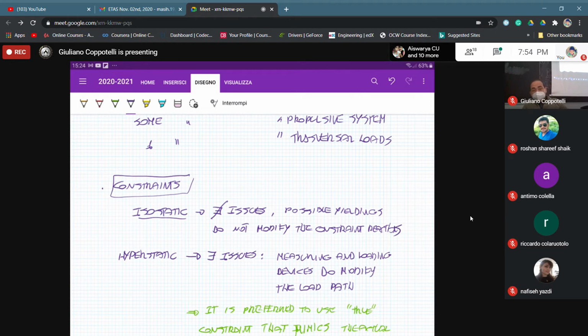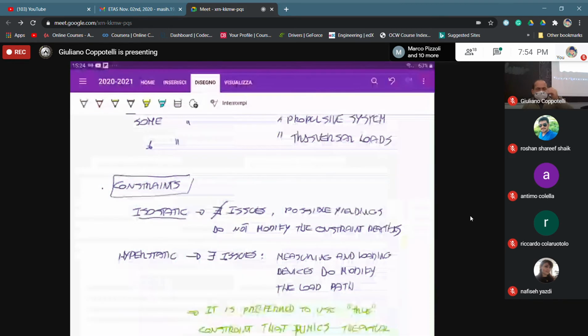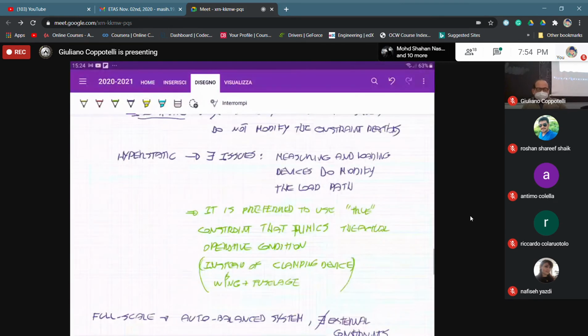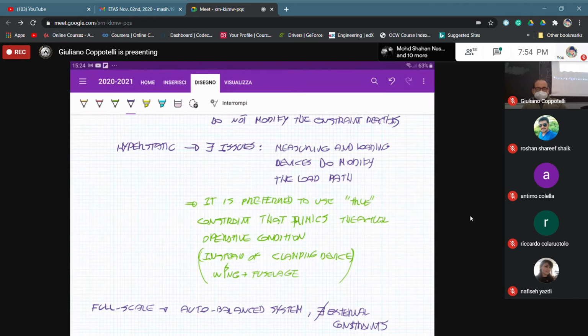But there are issues with the hyperstatic conditions. In order to reduce such issues, we consider as much as possible the actual structural configuration, structural layout, for example the wing and a portion of fuselage, so that we are quite sure that at the wing-fuselage connection, the elastic behavior is the one that we have during real life.